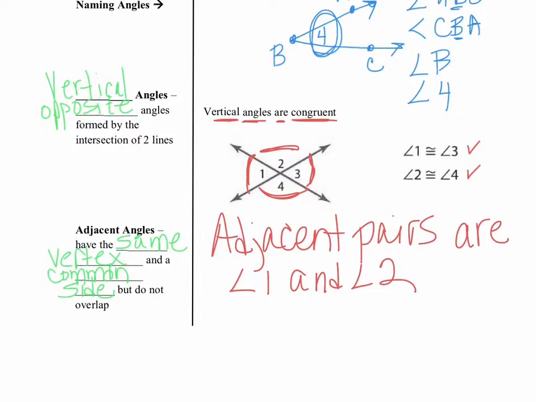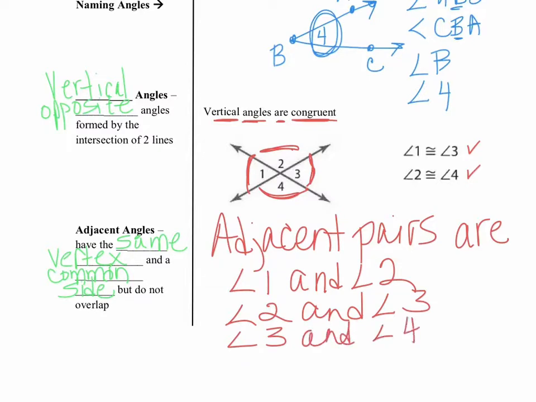They share a common side and they have the same vertex. Angle 2 and angle 3. I'm going clockwise. Angle 3 and angle 4. And lastly, angle 4 and angle 1.